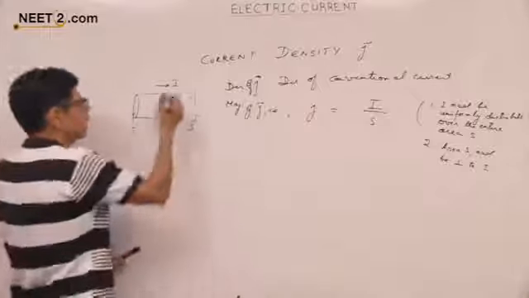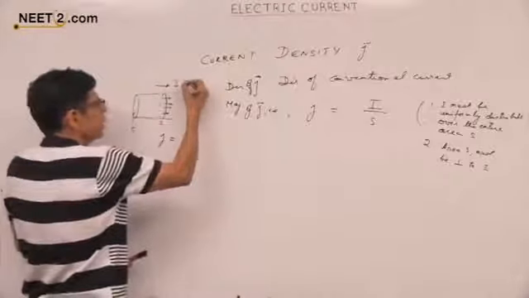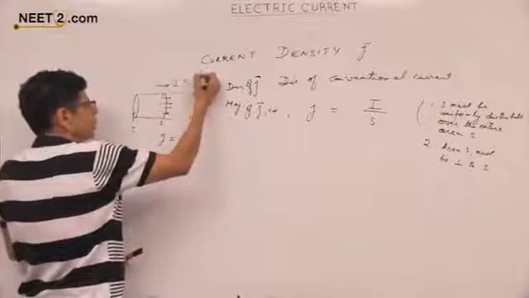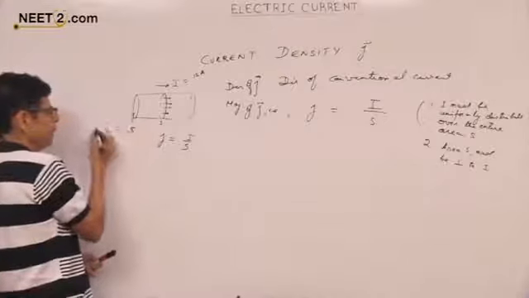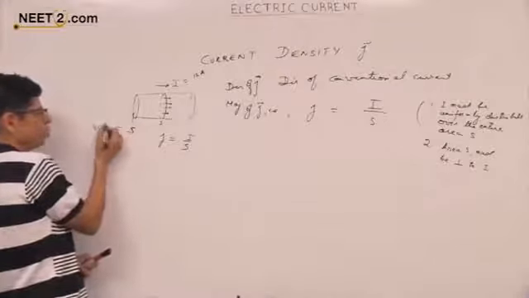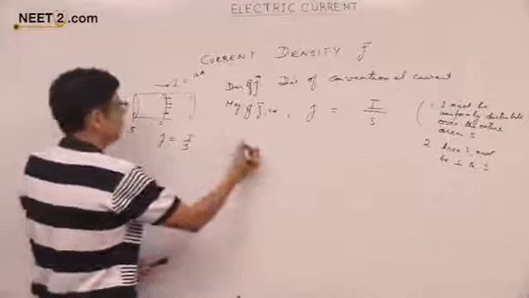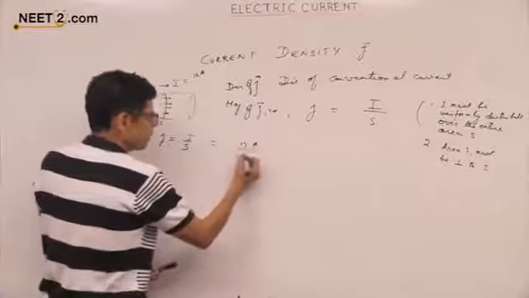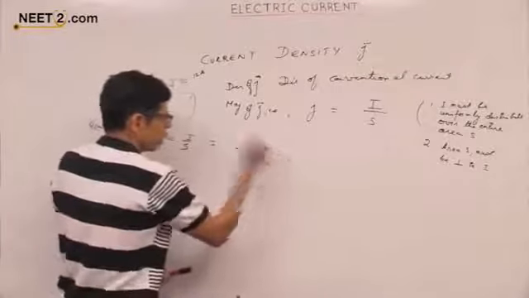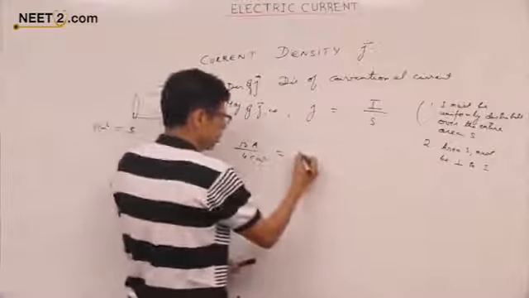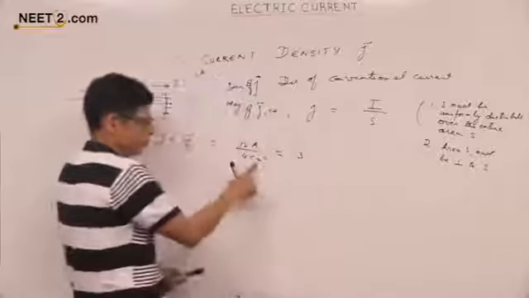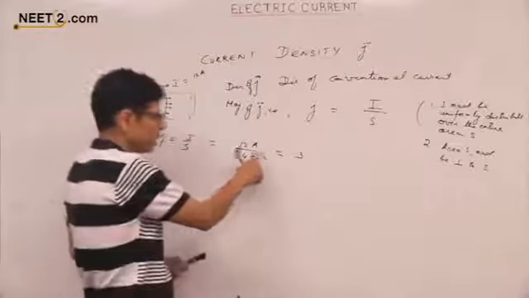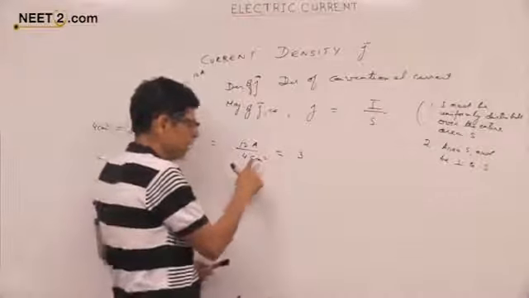As an example, if the current is, say, 12 amperes, and if this area S is 4 centimeters squared, then J would be 12 amperes divided by 4 centimeters square in this situation. If you wish, you can give the SI unit, and so write this as meter square.